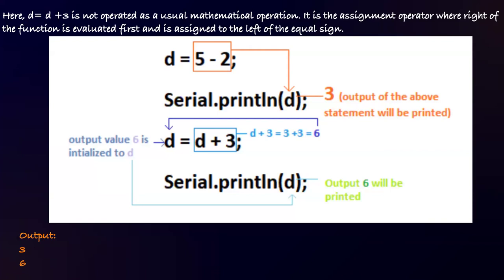Now again, we have incremented the value of d to be d plus 3. That means the new value of d is nothing but the old value of d incremented by 3. This is what we have done. Understood?